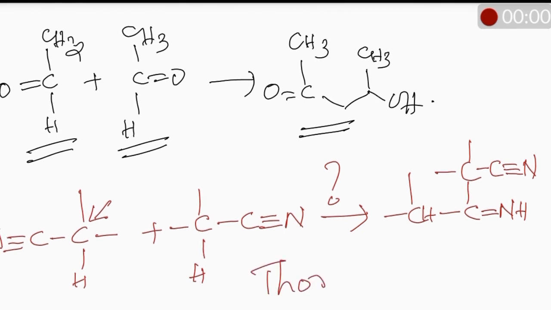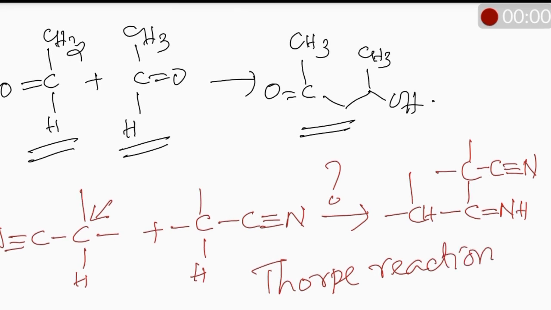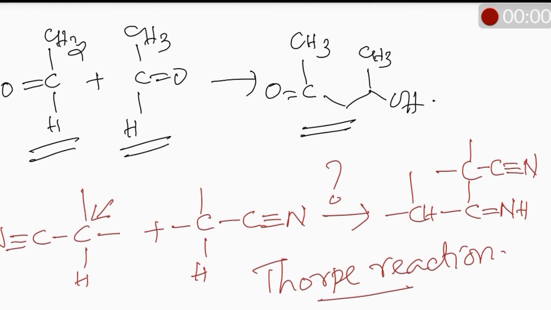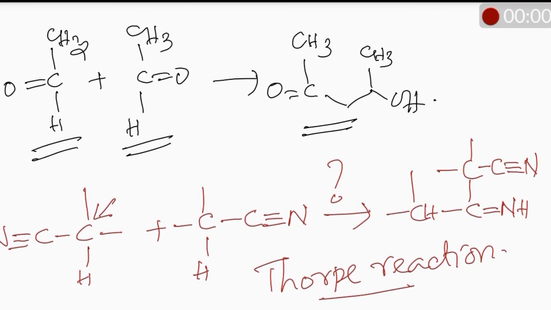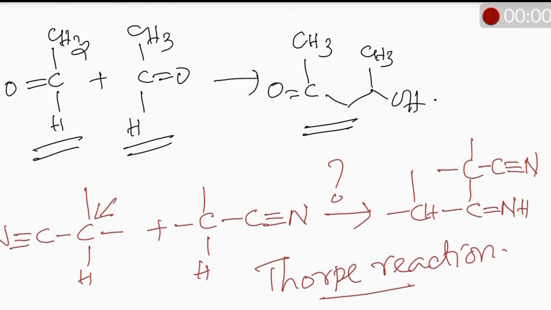This reaction is what we call Thorpe reaction. So in Thorpe reaction, the alpha carbon of one nitrile molecule is added to the cyanide carbon of another. So this reaction is analogous to Aldol reaction.